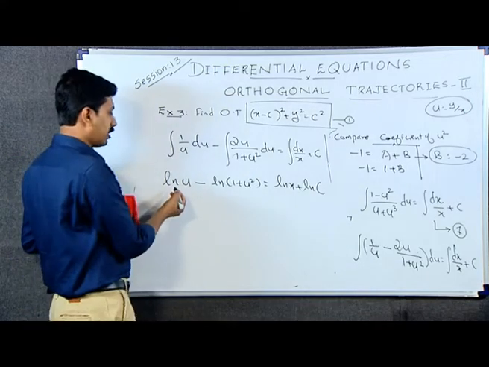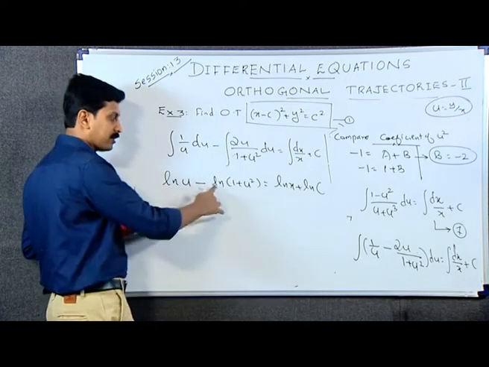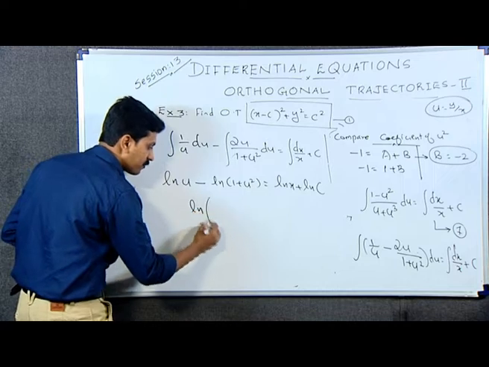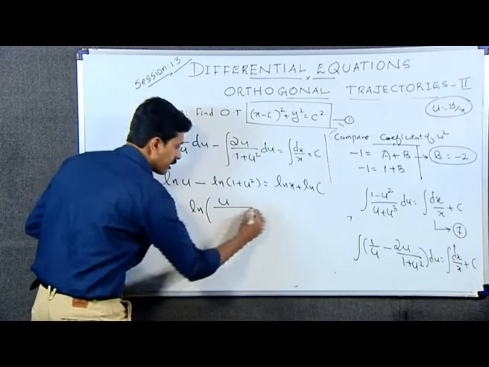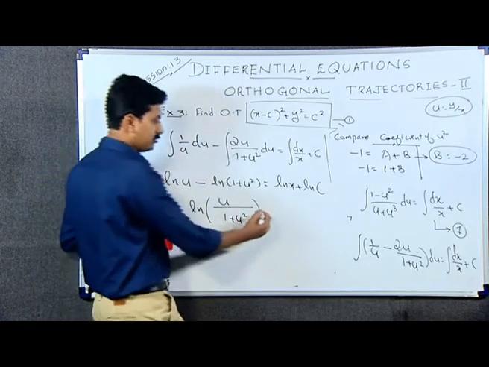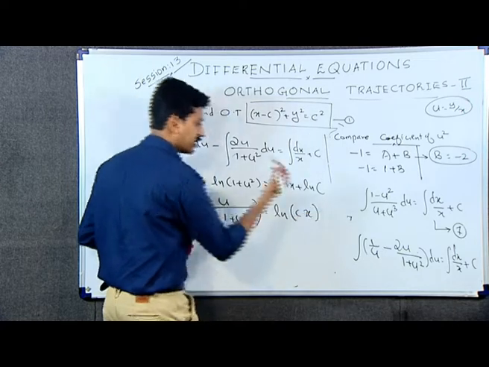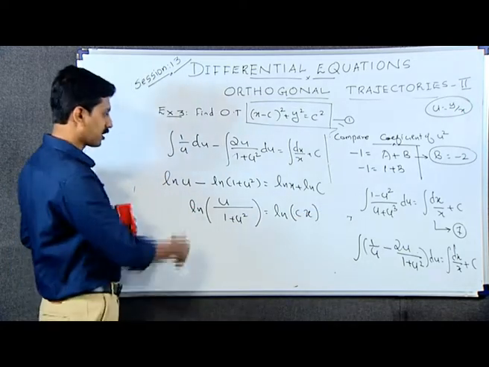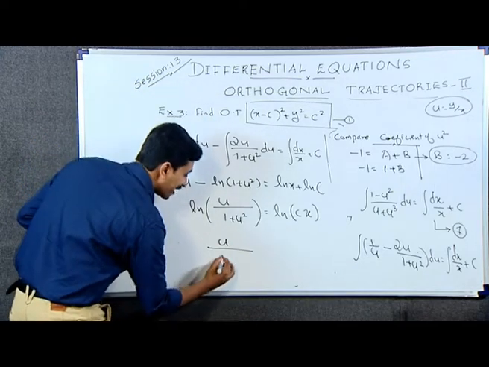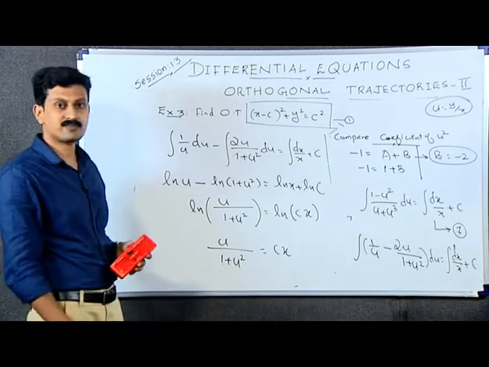So log u minus log of 1 plus u square, using log a minus log b as log of a by b, gives log of u divided by 1 plus u square, equal to log c plus log x, that is log of cx. Taking the exponential on both sides, we have u divided by 1 plus u square equal to cx.